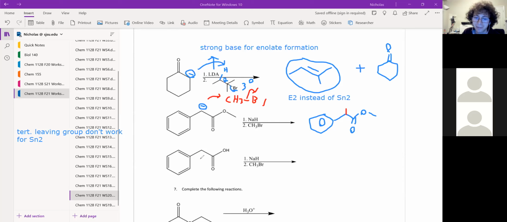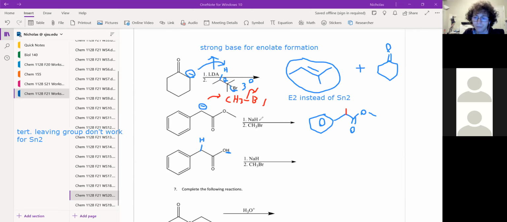Consider the relative strengths of the acids that are here. Would you say this hydrogen at the alpha spot is more acidic than this hydrogen in the carboxylic acid?